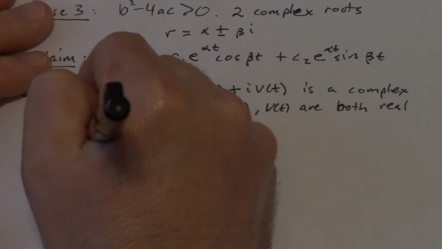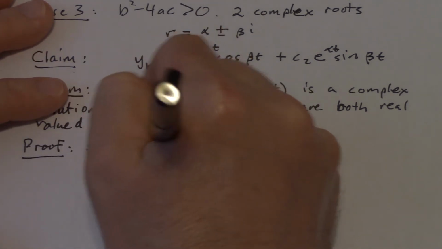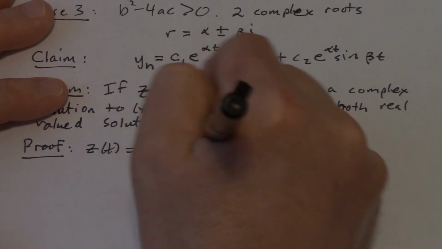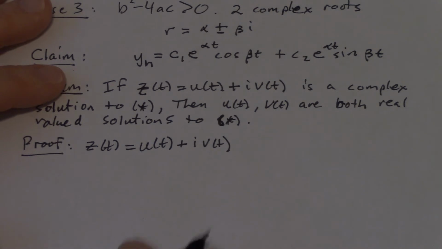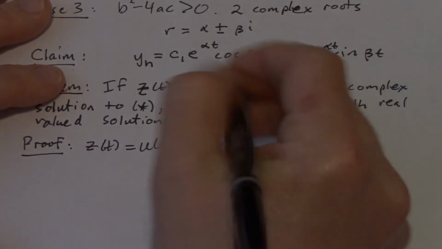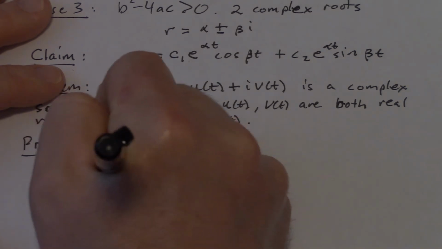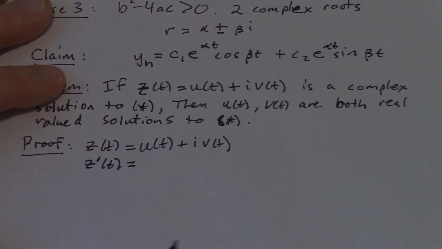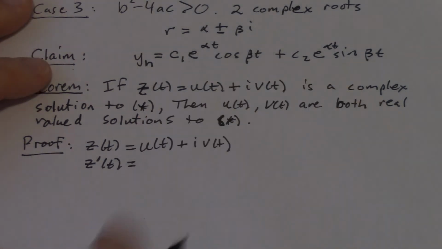So we're going to let z of t equal u of t plus i v of t. And if we're going to talk about it being a solution, we need to take two derivatives. Now, you may be wondering to yourself, what do I do with the i? Well, it's just a constant, right? It's just a number. So you treat it as a constant.